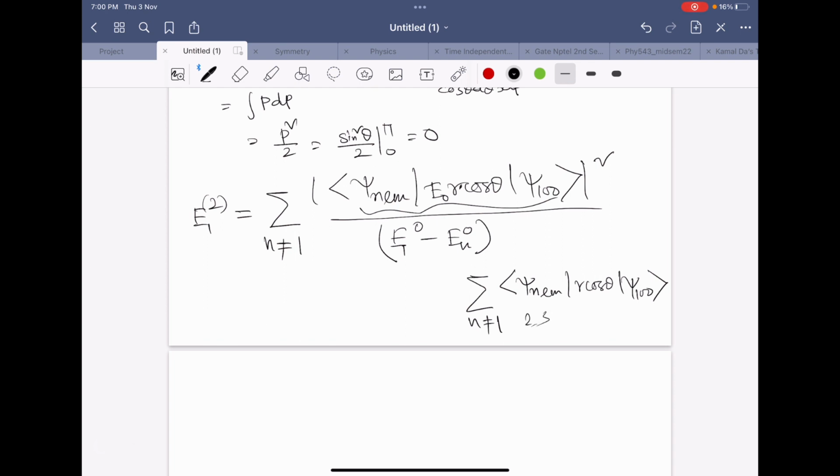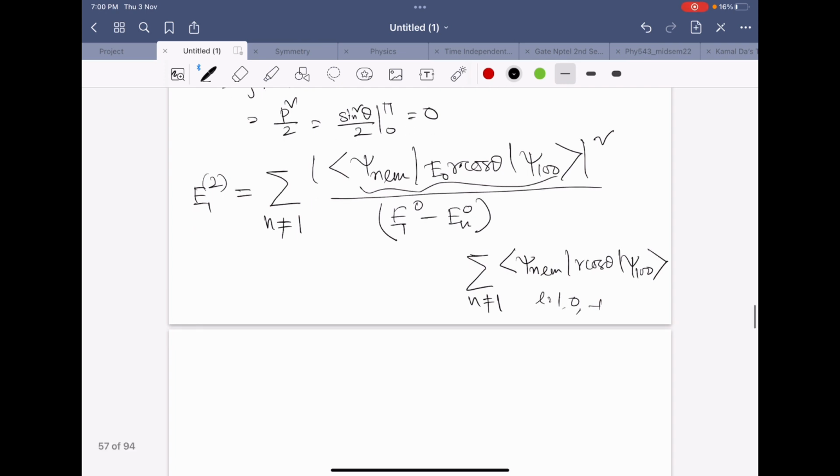For n equal to 2, we'll have l equal to 1 and 0, and m is from minus l to plus l.